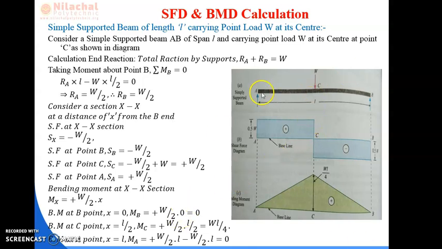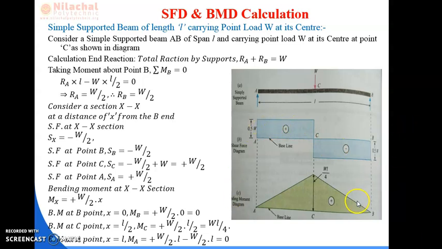After that, from C to A there is no load, so it will be constant at positive W by 2. In this way we get a shear force diagram having a positive side and a negative side. From B to C it is negative, and from C to A it is positive.